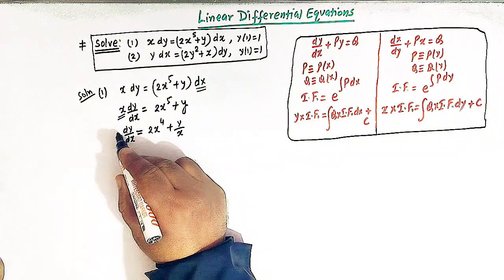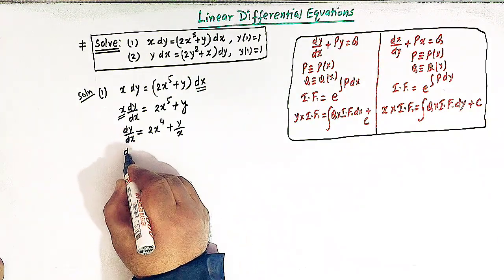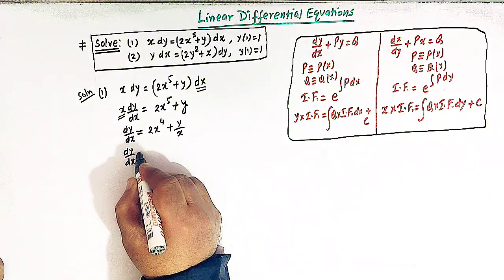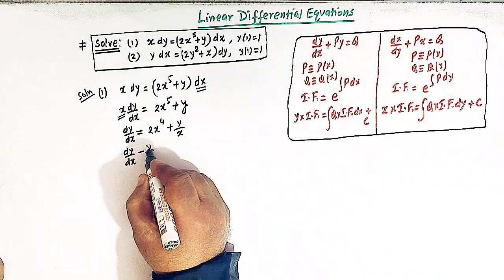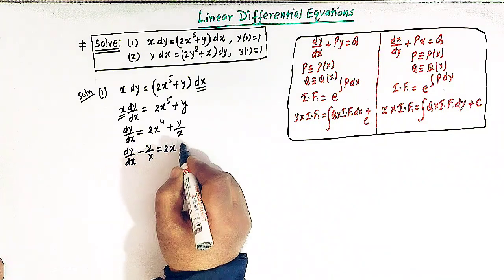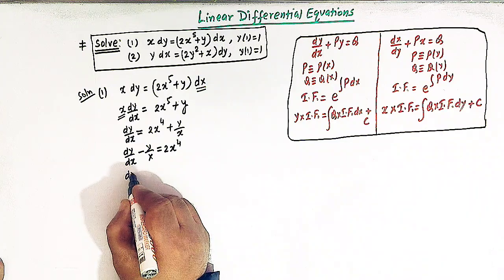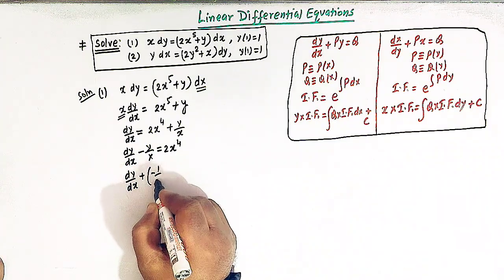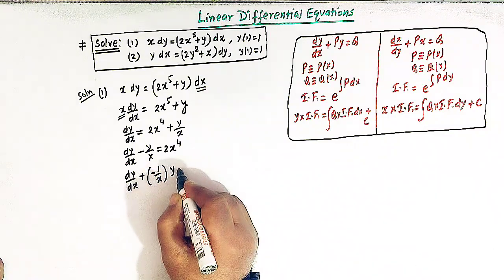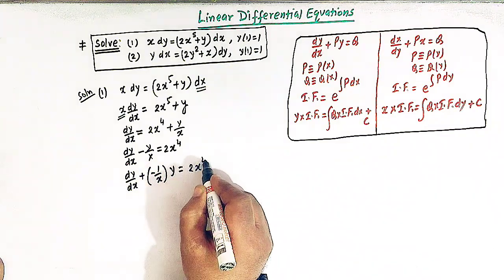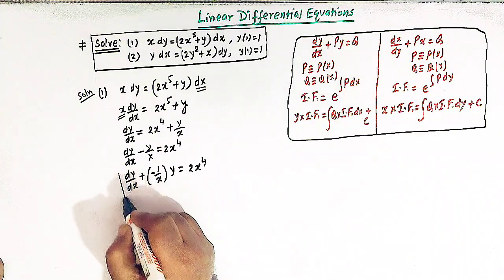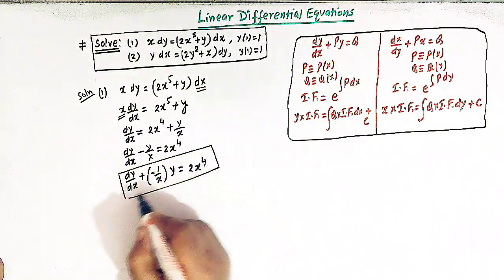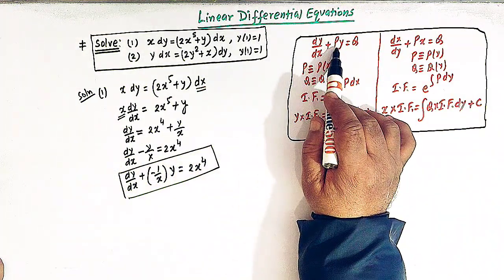Taking y over x to the left hand side, we have dy over dx minus y over x is equal to 2x raised to 4. So now we can write dy over dx plus minus 1 over x times y is equal to 2x raised to 4.